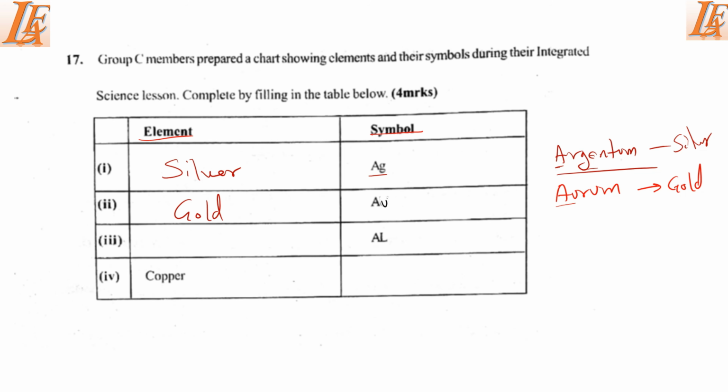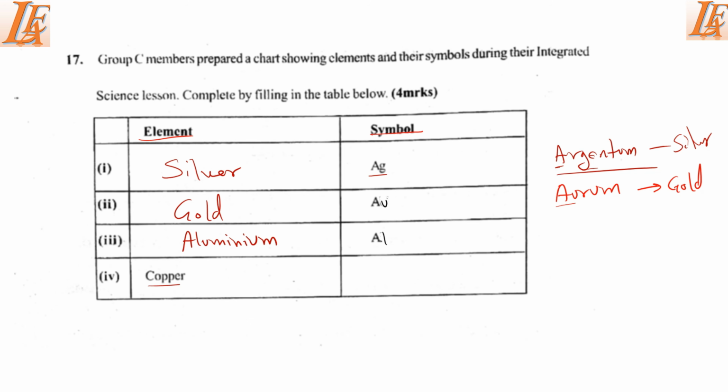Then the third one we have here is a chemical symbol which is capital A, small l. So the name of the element with symbol capital A, small l is aluminium. We get it from the first two letters. Then the fourth one is an element called copper.